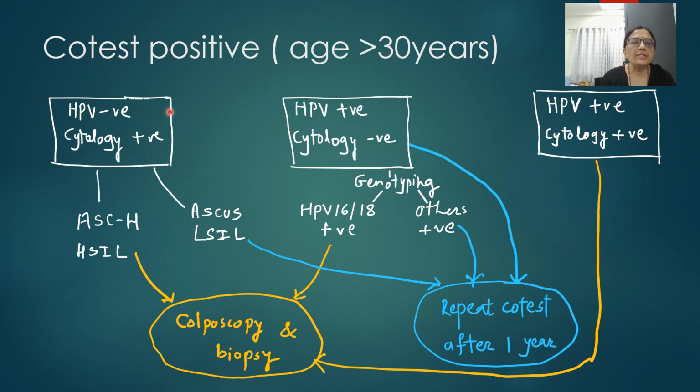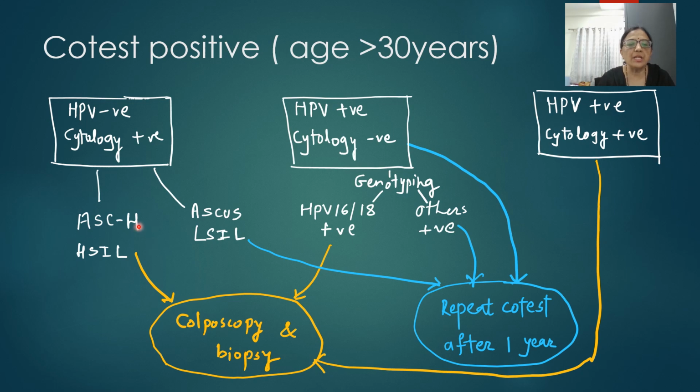If HPV test is negative and cytology is positive, then for ASCUS and LSIL, we repeat co-test after 1 year, as these are low risk lesions with cytological abnormalities, whereas if it is abnormal squamous cells where HSIL cannot be ruled out, or it is HSIL, these are high risk.